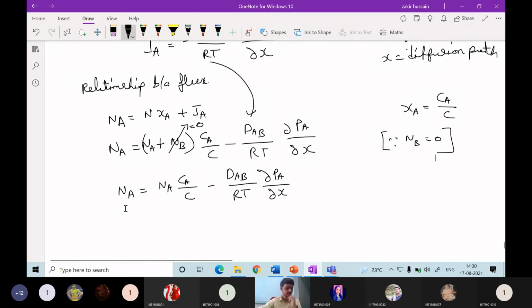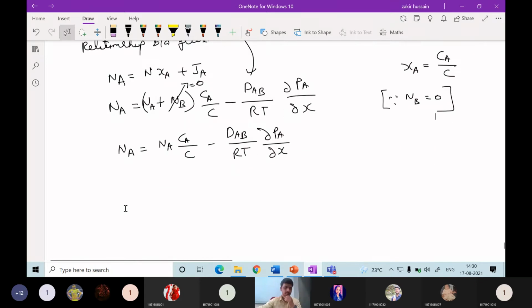Is it clear? Yes, sir. Okay, then now we just interchange this. This will be brought to the LHS and this will be sent to the RHS.